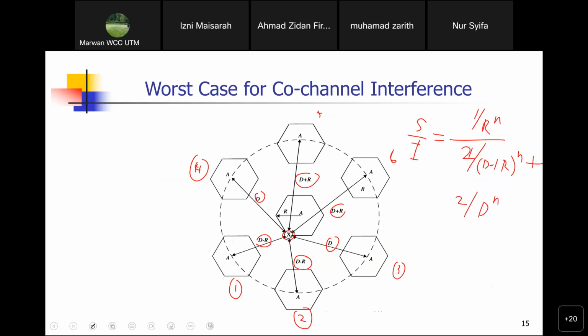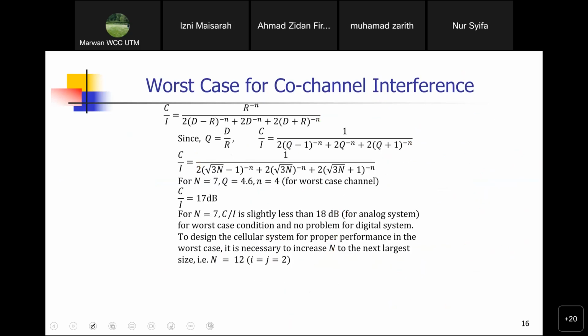You still have 6 interferers, but for 2 of the co-channel cells the distance is D minus R, for 2 it is D, and for another 2 it is D plus R. So if you look back over here, you have something like that: 2 for D minus R, 2 for D, and 2 for D plus R.